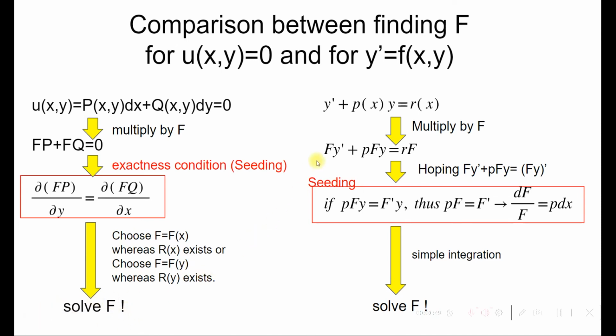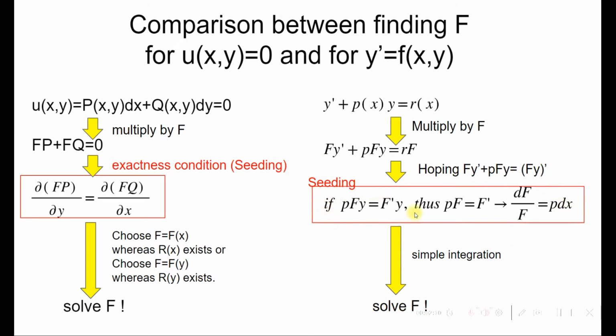And for finding f for the explicit function y prime, we just learned from the previous slide that the action of seeding is this one.